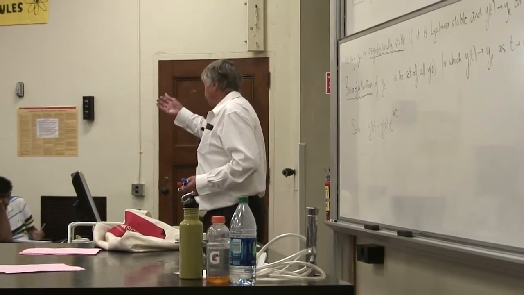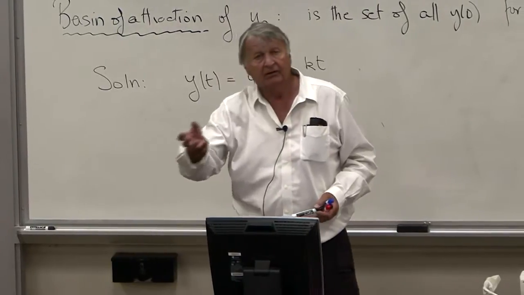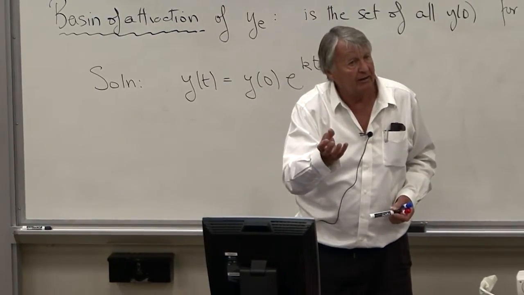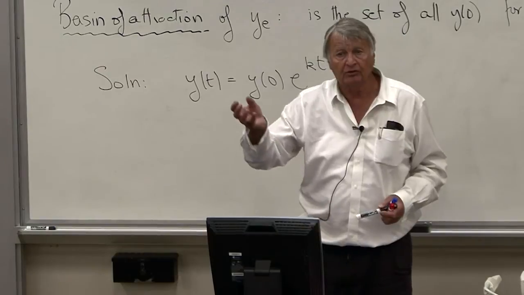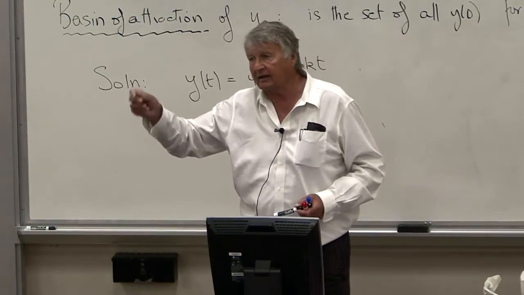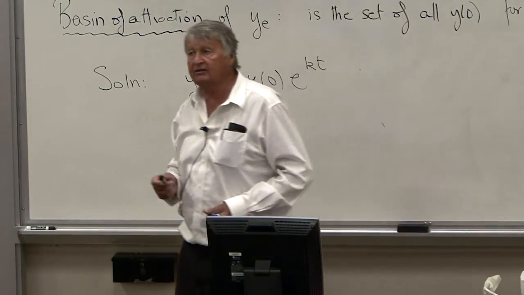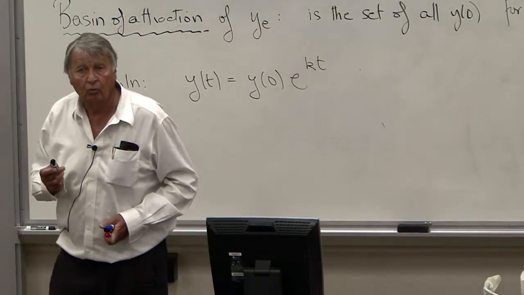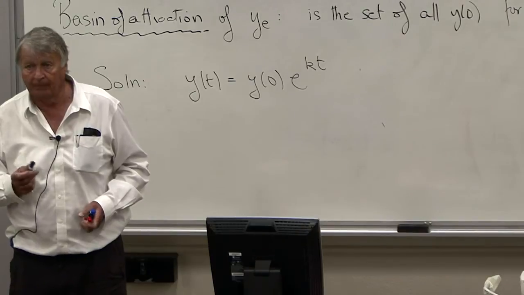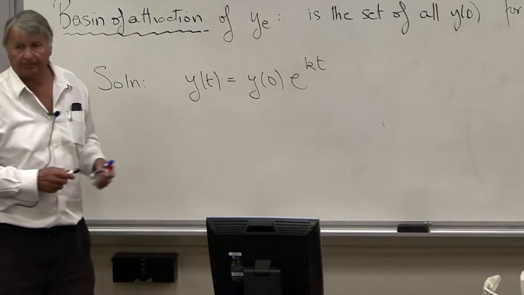And that's equal to kt plus c. So then exponentiating, I get y is equal to some constant times e to the kt. That constant is determined by the fact that at t equals 0, y is y of 0. And therefore I get this.